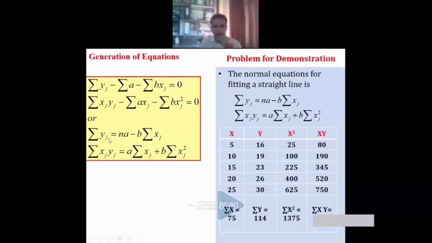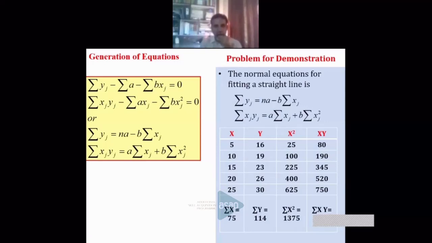I'm transposing both of these to the other side of the equation. So sigma a will be n into a, because a is a constant and you are adding it up across all the equations. It becomes clearer now. If there are n equations, it will be n into a.